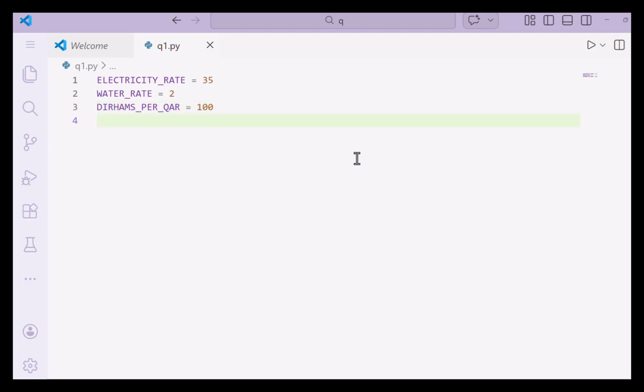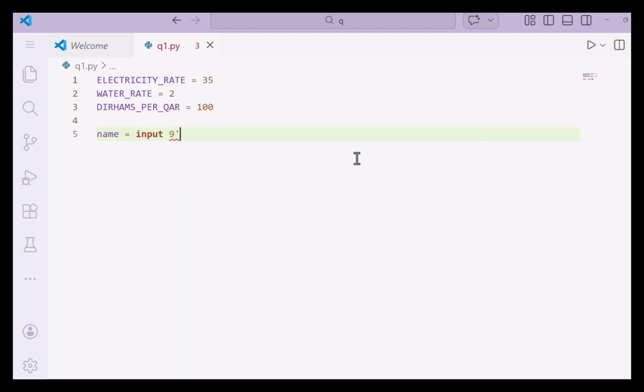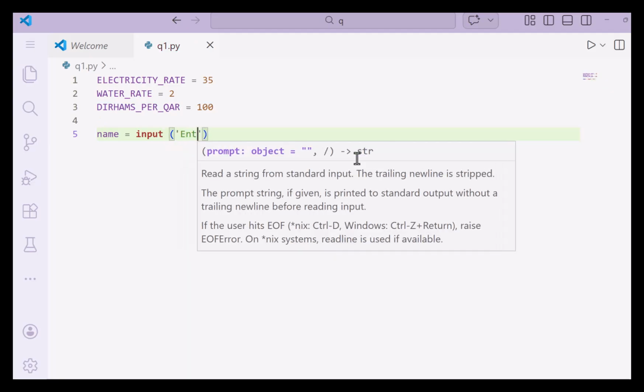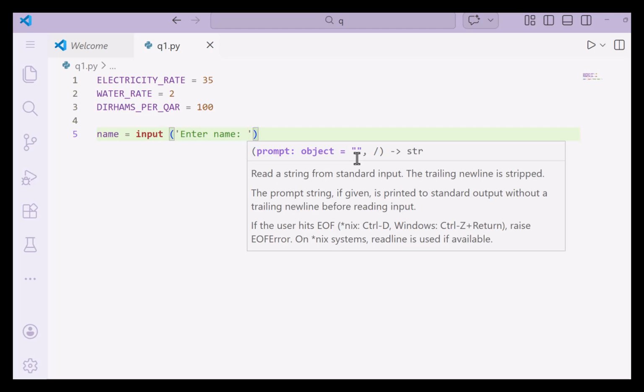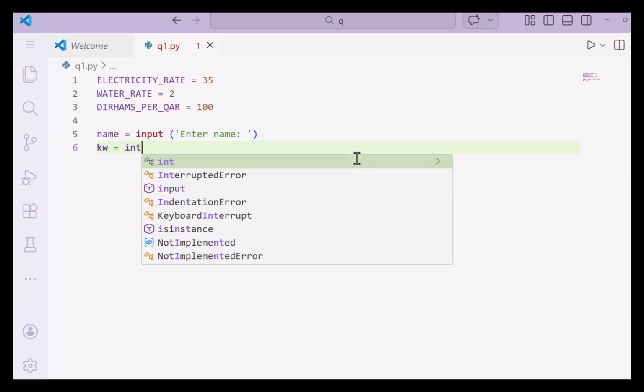Now our input, as you saw in the question, name and kilowatts used and gallons used. Name is a string. So we said name, input, and enter name. Now, kilowatts is equal to integer in the question.